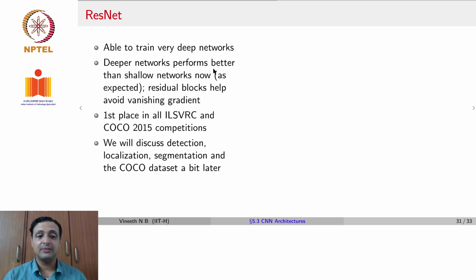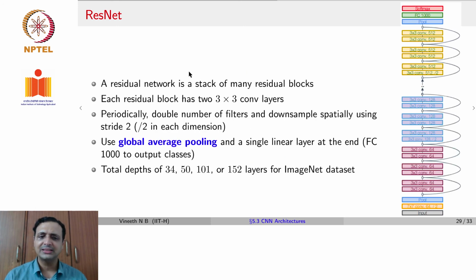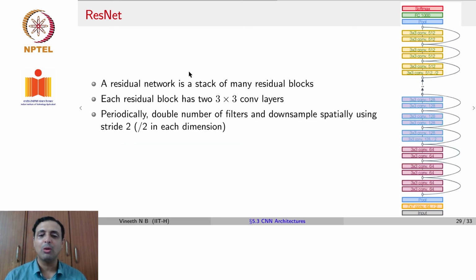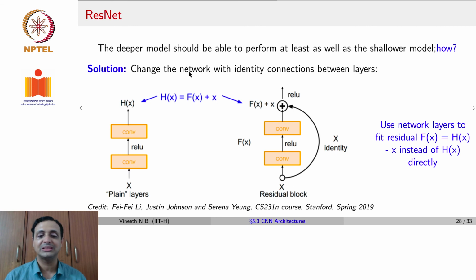With this ResNet, they were able to train very deep networks. As we mentioned, they went up to 152 layers to train on ImageNet, and they now found that deeper networks actually perform better than shallow networks. Why so? Why does this identity map or this residual block help train deeper networks?